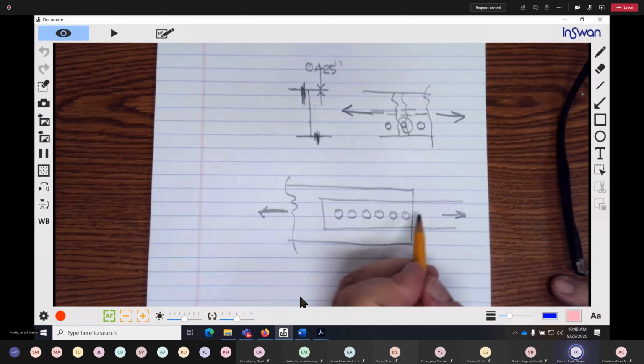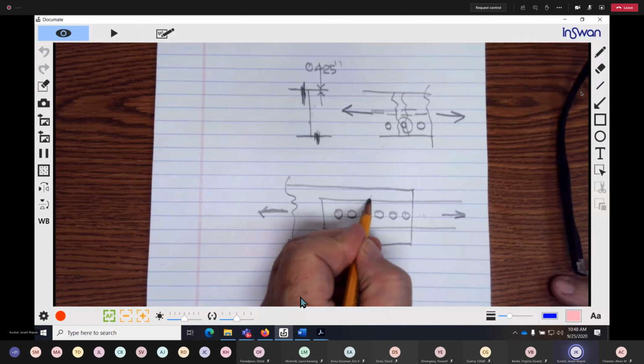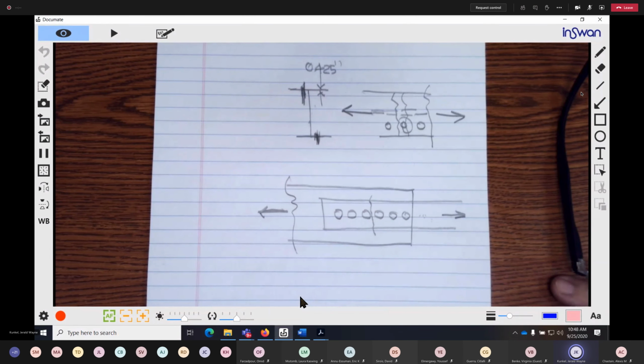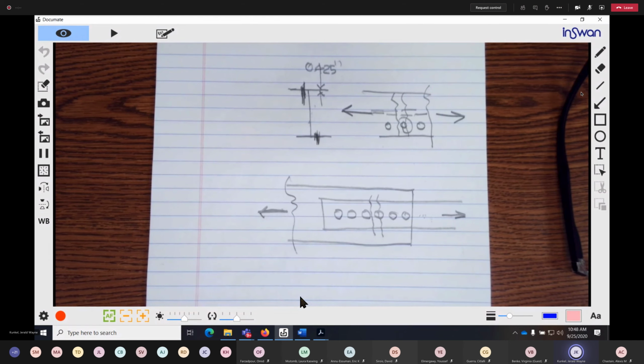So I can find this plate based on the gross area, ignoring the holes. What's the gross area of the plate where there aren't any holes? Then the net area is based on taking out one hole.